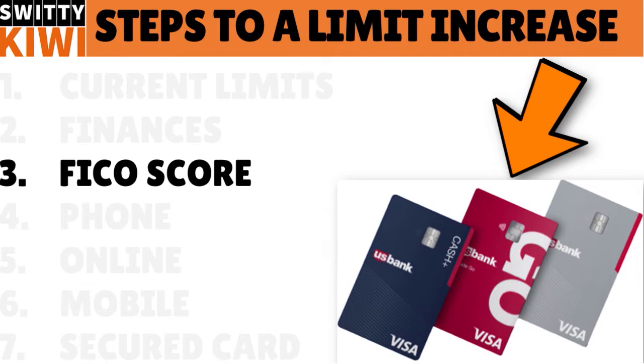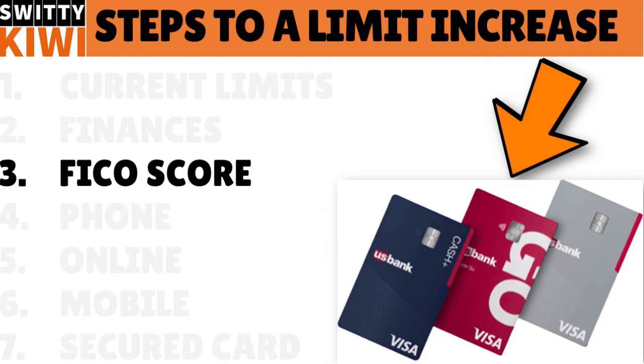The third thing is, if you're trying to get a large US Bank credit card limit increase and you want to be approved right away, you want to pay attention to your FICO score. Because US Bank is going to do a soft pull or a hard pull depending on your account history.